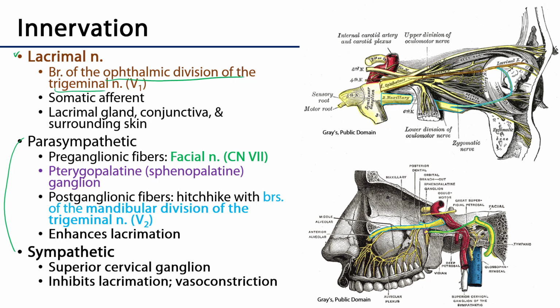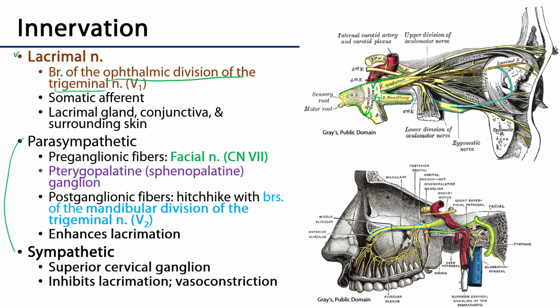In this illustration, we can see the trigeminal nerve here. And there is V1, the ophthalmic division, V2, the maxillary, and V3, the mandibular division. V1 is going to be a major player in terms of the orbit and eye.